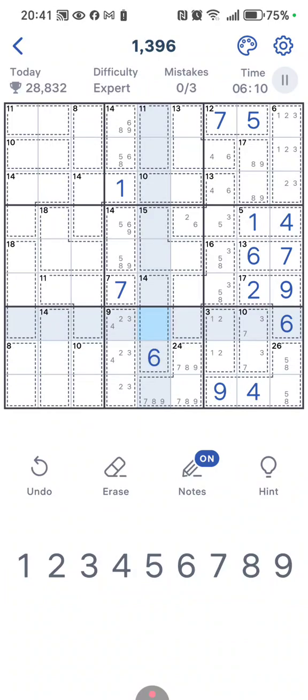Okay, so this is 6. This is remainder 8. This can't be 1, because if it was 1, 7 would have to go in here. It can't.